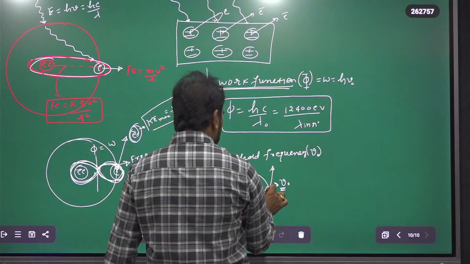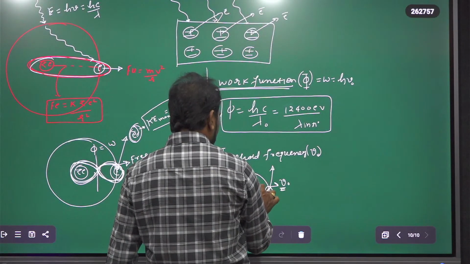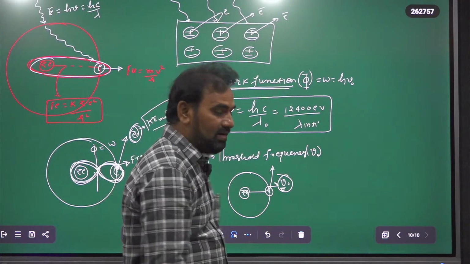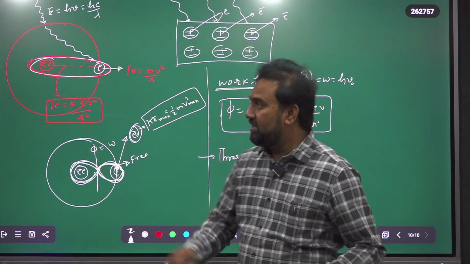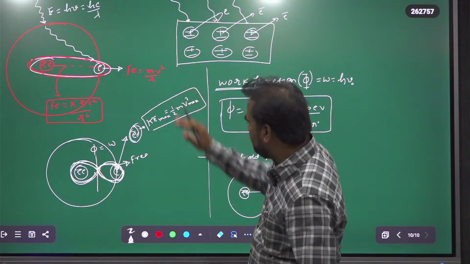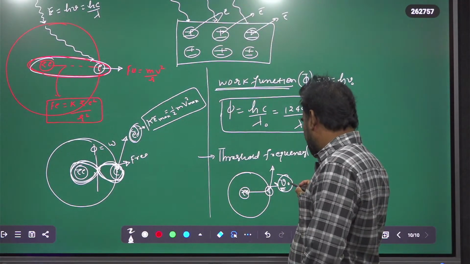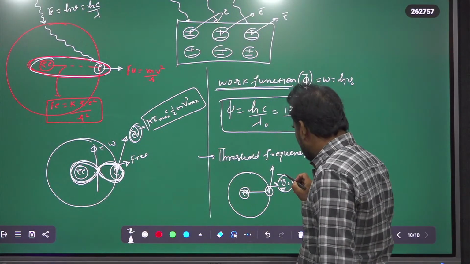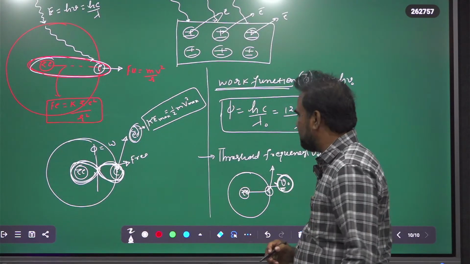When the electron is revolving like this, it possesses some amount of frequency. That frequency is also called the threshold frequency. With that frequency, when light radiation is incident on the metal surface, it would break the covalent bond. Due to that, the electron can recoil. So this minimum frequency is called the threshold frequency.